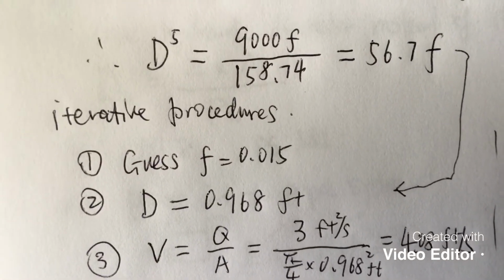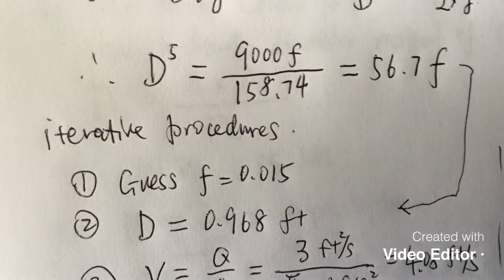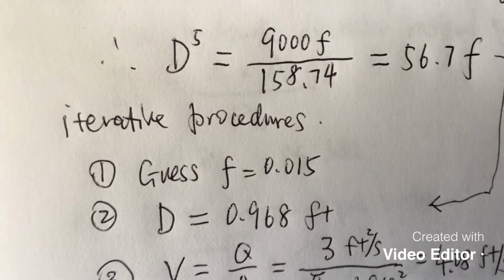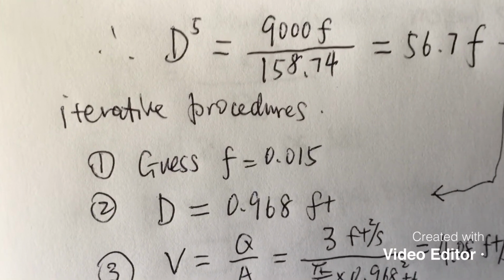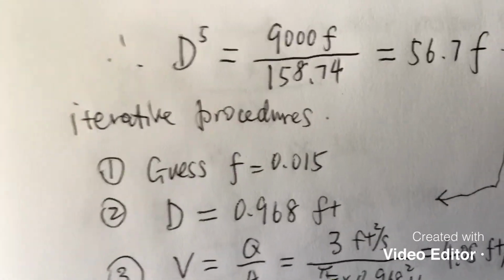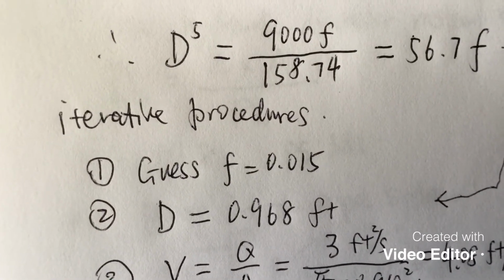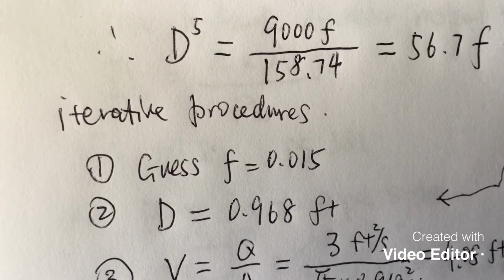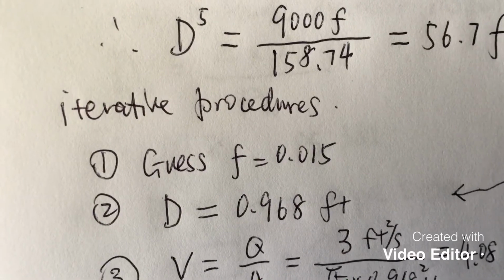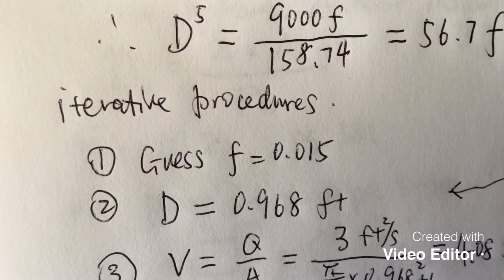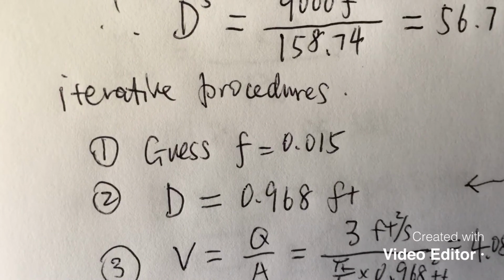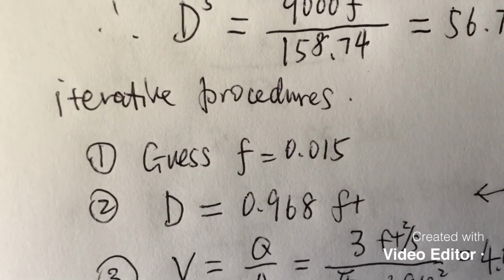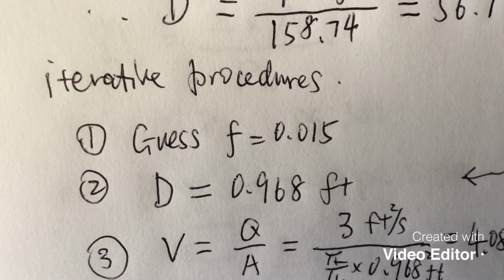Again, we will have a guess value for F first, since we have no idea of the diameter. It will be better to just guess F. It won't be too far away. If you guess an F value of 1 million, it will still get you the solution after maybe 1,000 iterations, right? You want a limited number of iterations, so you want a better guess. Let's guess F equal to 0.015. Again, F most of the time is between 0.01 and 0.03.